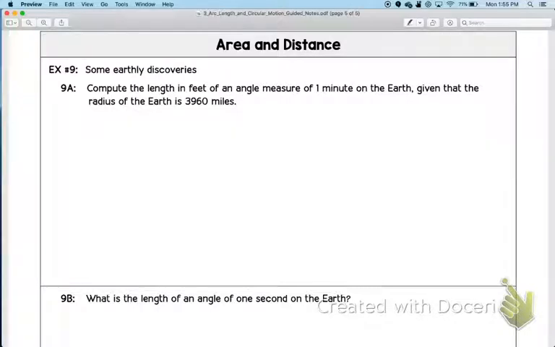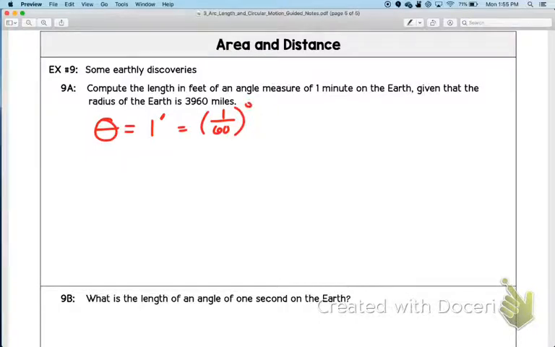So we have the Earth, think about it as a circle. So 1 minute on the Earth. Theta is our central angle, and 1 minute is just a really, really tiny form of degree. So how do I convert that? 1 minute is the same as 1 over 60 degrees.